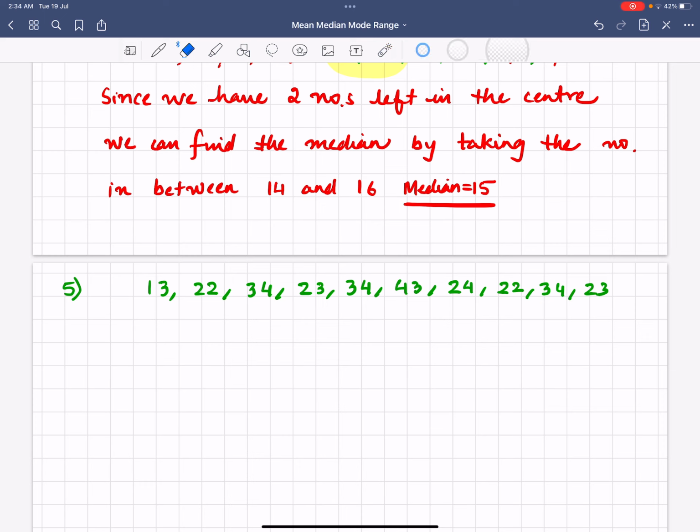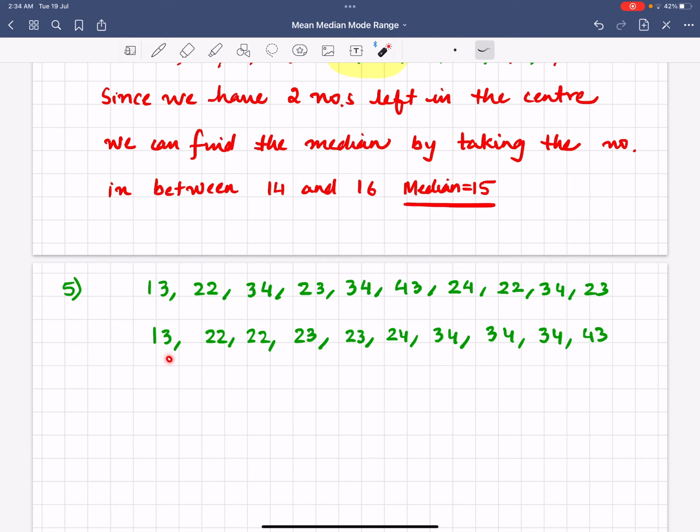So let's write them in ascending order. When we write them in ascending order, we have 13, 22, 22, 23, 23, 24, 34, 34, 34 and 43.